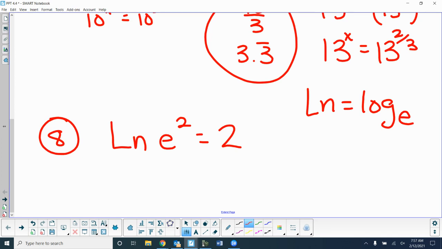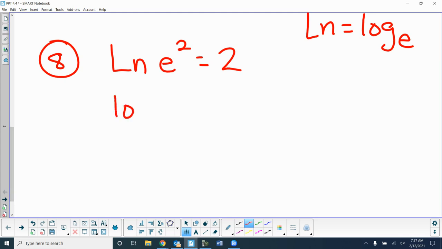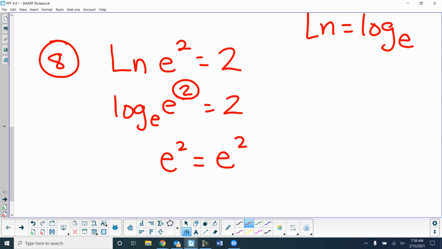All right, so yesterday we had a rule that said if this and this were the same, what happened? They canceled. That's how it got to be the 2, right? All right, so the exponential problem here is e to this power, equals this number, which was e squared. Okay, so that's the exponential.